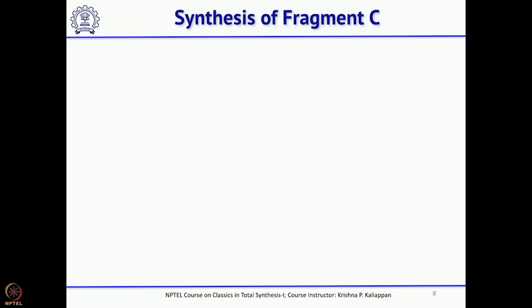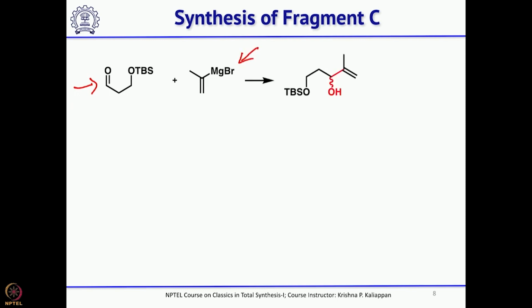So, now the fragment C, which is made from 1,3-propanediol. So, you take 1,3-propanediol and protect one of the alcohols as TBS ether and then oxidize the other primary alcohol to aldehyde. This upon treatment with Grignard reagent derived from 2-bromopropene gives this allylic alcohol.